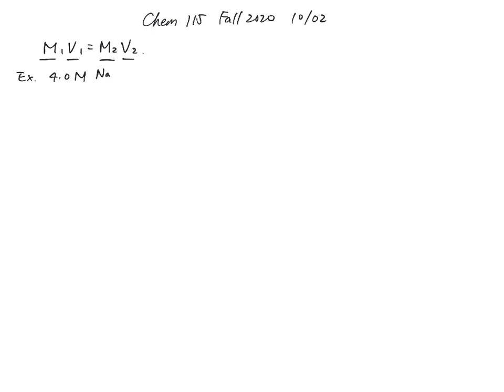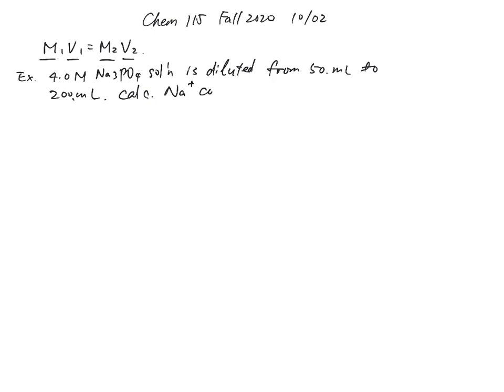A 4.0 molar sodium phosphate solution is diluted from 50 milliliter to 200 milliliter. Calculate the concentration of sodium ion in the diluted solution.